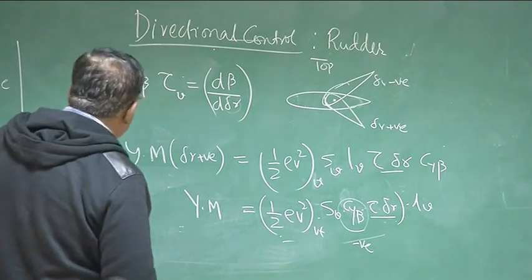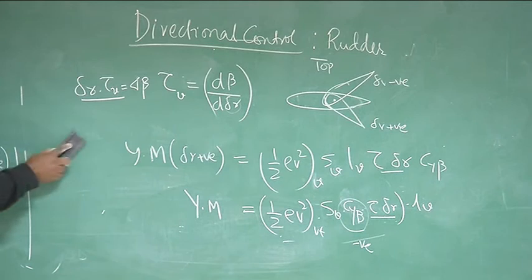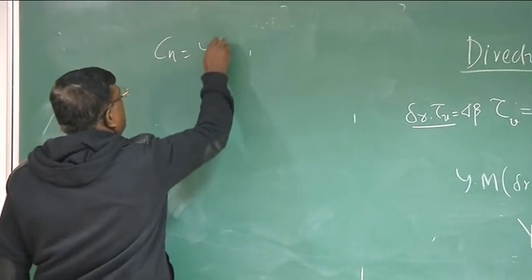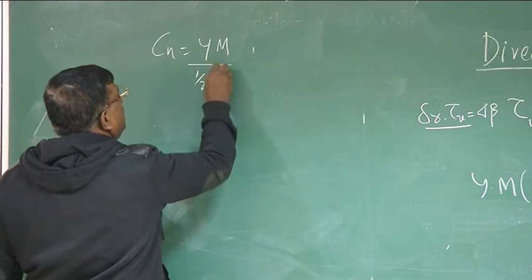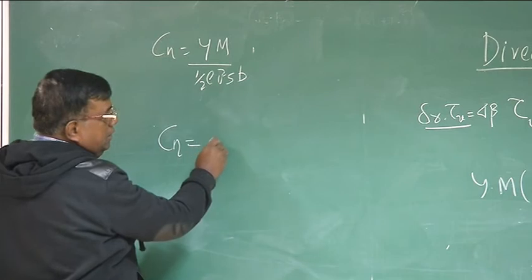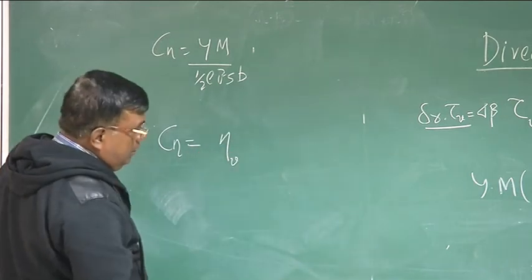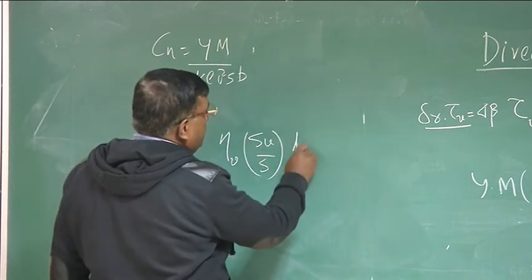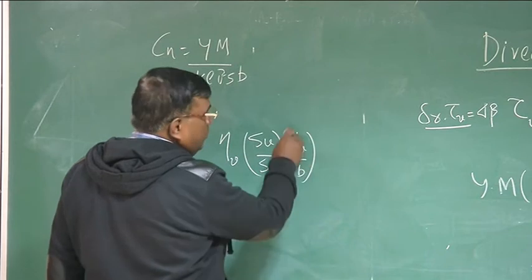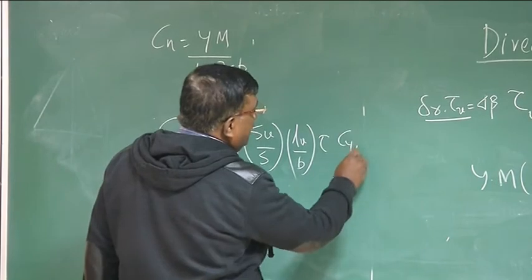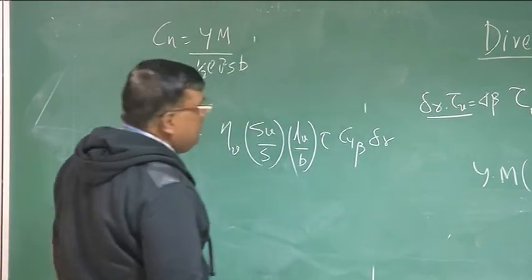So from the yawing moment expression, I go to Cn. How do I go to Cn? I divide the yawing moment by half rho V square S into B. So Cn I write as yawing moment divided by half rho V square S B. Then I will get eta vertical tail, then SV by S, LV by B, then tau Cy beta delta R. Let me check, everything is there.